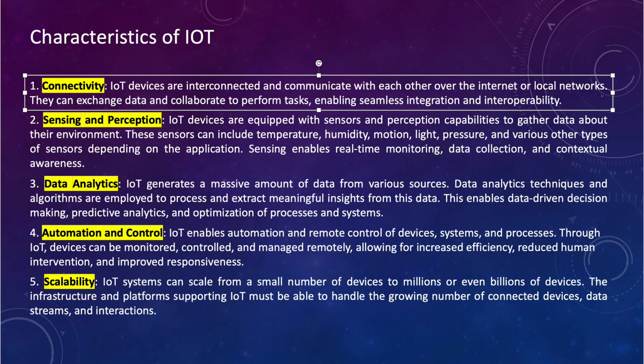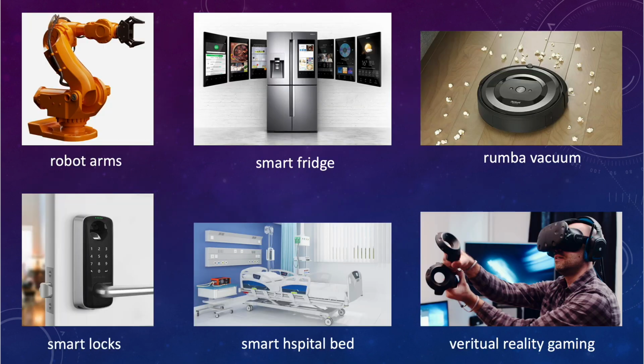This connectivity, the best example of device connectivity is the robot arm, as we have talked about before. When working in, let's say, the automotive industry, we have all seen robot arms working together to build a car.